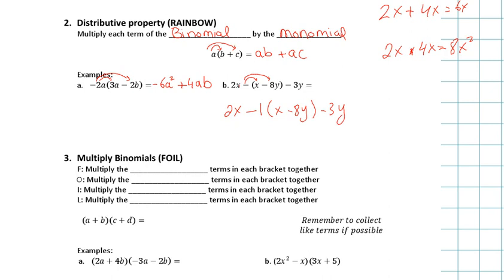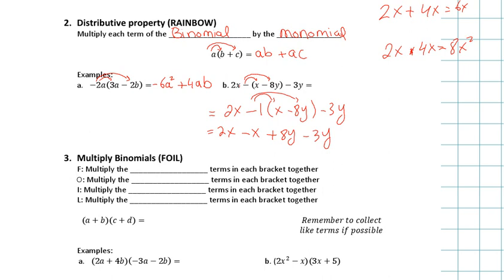Now let's multiply that negative 1. What do I get? Negative 1 times x is negative x. Negative 1 times negative 8y is plus 8y, minus 3y. It would make so much more sense if the 1 was just there.